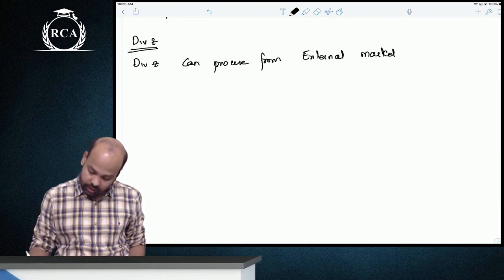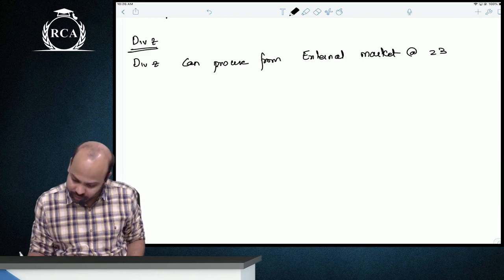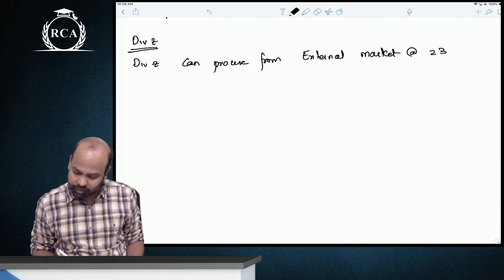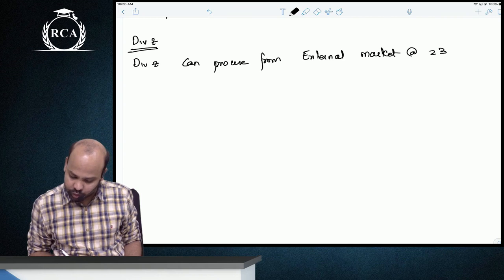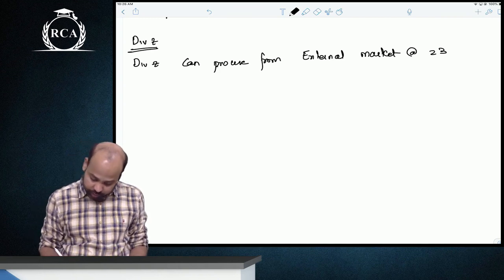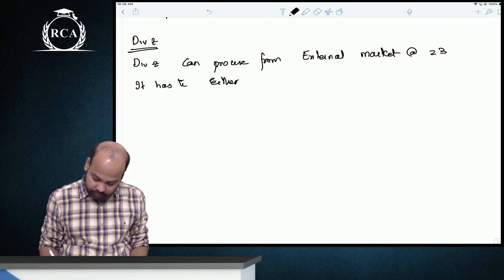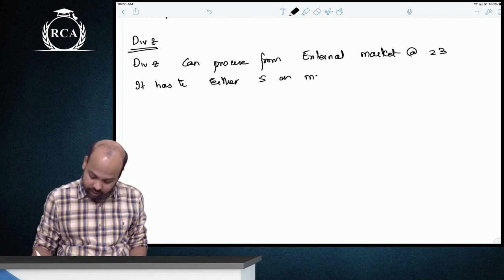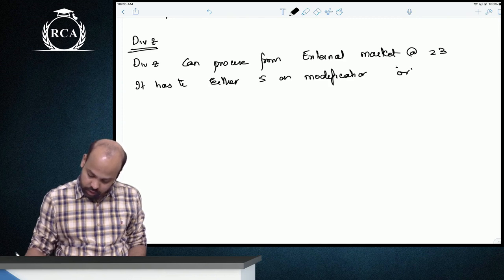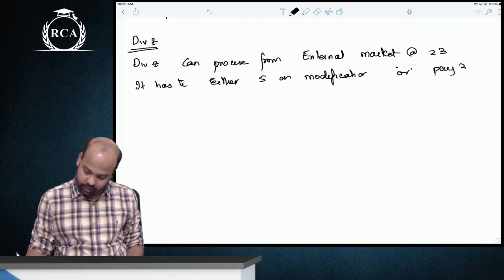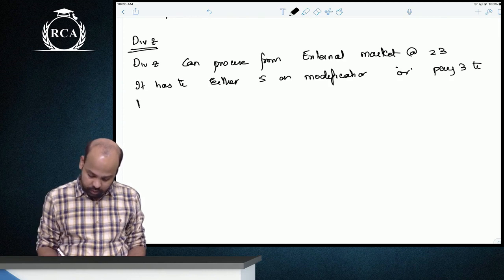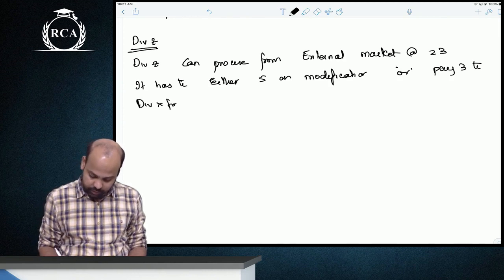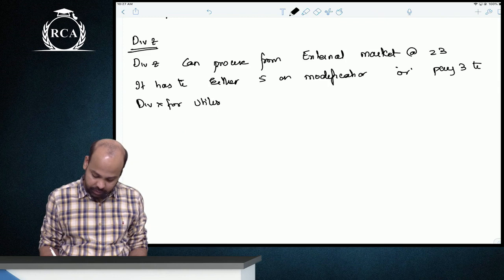External market at 23 rupees, plus the modification cost and inspection cost that they have to incur, which is 5 rupees or 3 rupees. They either incur 5 rupees on modification, or pay 3 rupees to division X for utilizing idle labor.